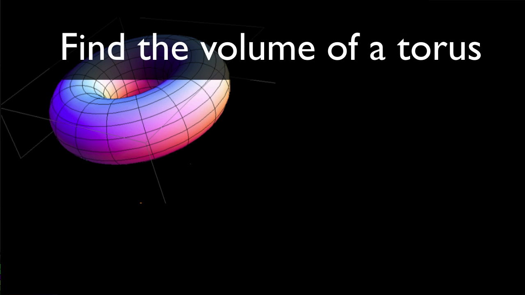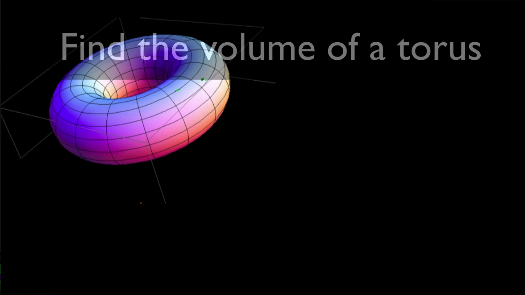Okay, so we want to find the volume of this torus. The torus is formed by rotating a circle. Let me just outline the circle here.